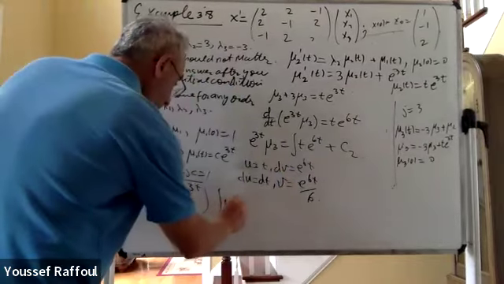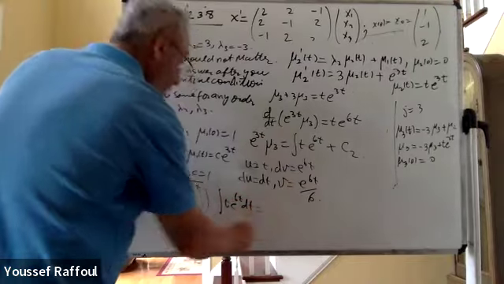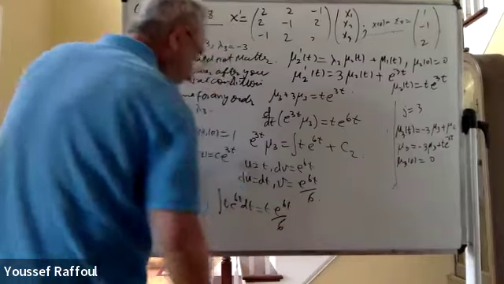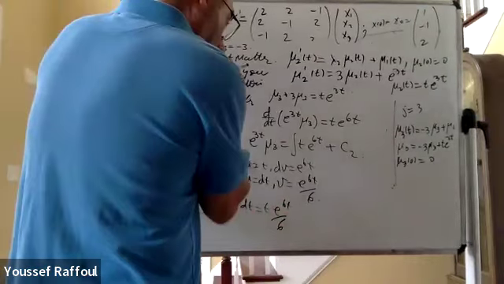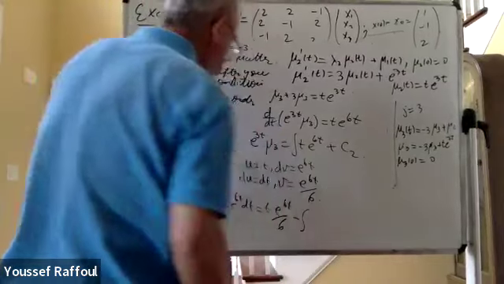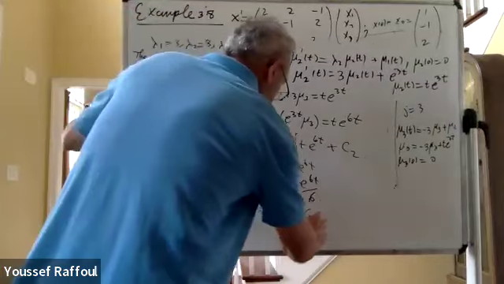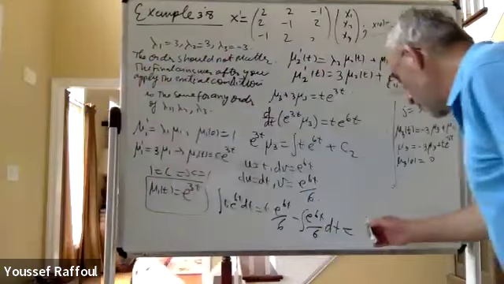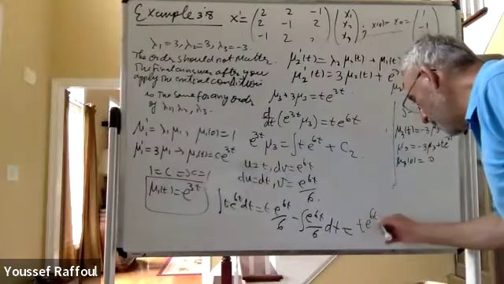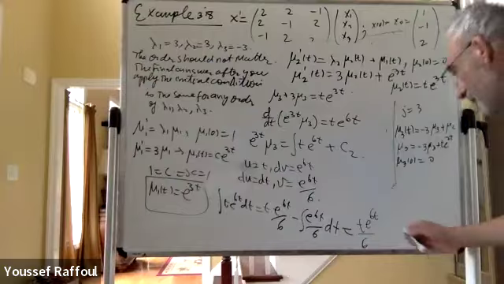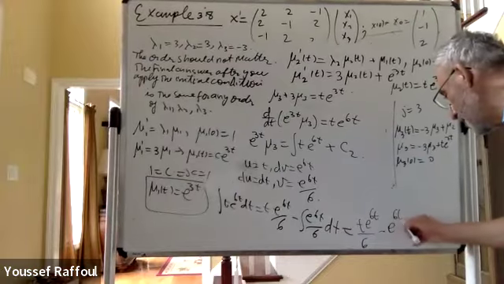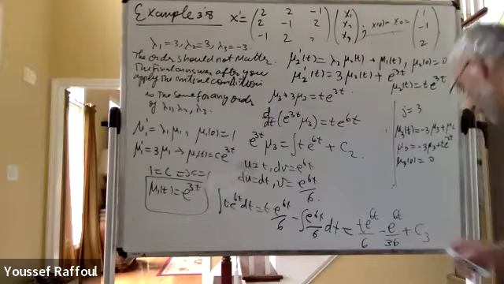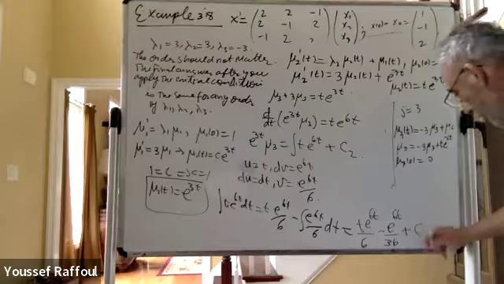So the integral of t e to the 6t dt is uv, which is t e to the 6t over 6, minus the integral of v du, v is e to the 6t over 6 dt, and that is t e to the 6t over 6 minus e to the 6t over 36 plus c3. C2, we said c2.